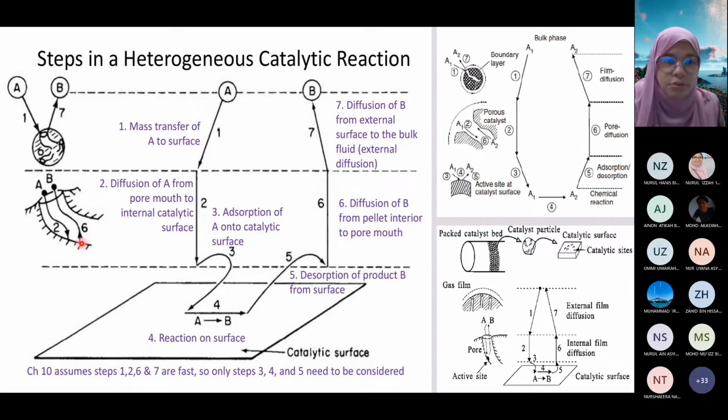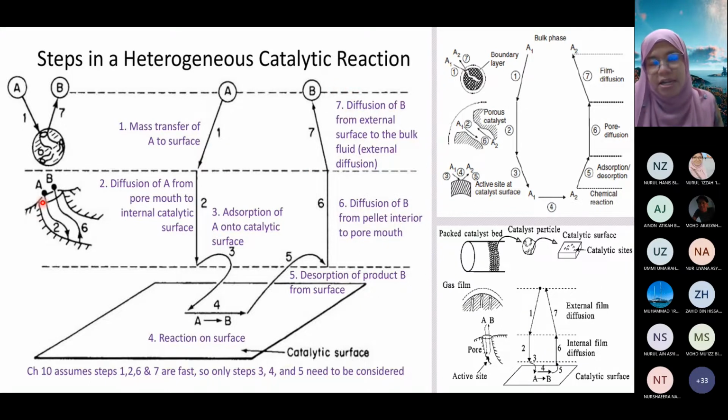So maksudnya step 6 ni, tengok gambar yang ni. Okay, produk dia nak keluar balik pergi ke pore mouth tu. So via diffusion. Dia masuk via diffusion, keluar pun via diffusion process. Okay. And then dia dah sampai dekat external surface of catalyst, and then dia nak pergi balik ke bulk fluid.